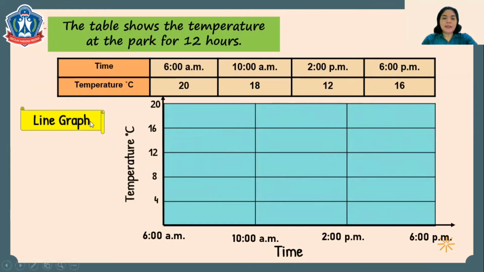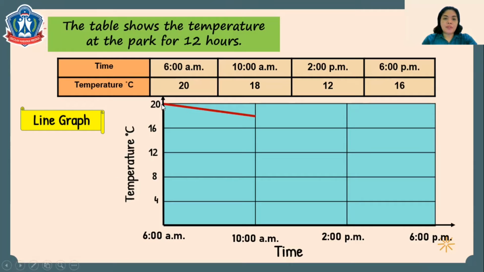Okay, as you can see here, on the left side is the temperature. So we are using degrees Celsius. And on the horizontal line is the time. So between 6 a.m. to 10 a.m., that is 4 hours. So we have a gap of 4 hours. Now, as you can see, at 6 a.m., the temperature is 20 degrees. So where is 20 degrees?